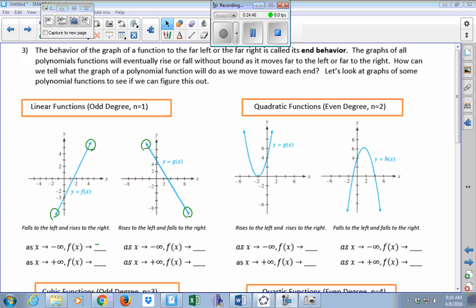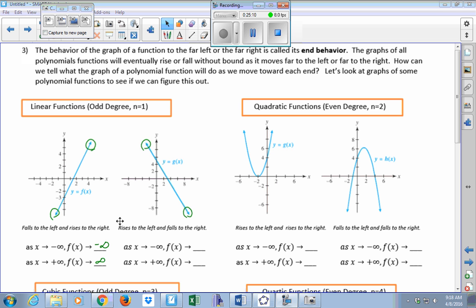So that goes towards negative infinity. Now notice the language your book gives you. As x decreases or moves towards negative infinity, this falls to the left. It decreases. As x goes towards positive infinity, that function increases without bound. So that's infinity.